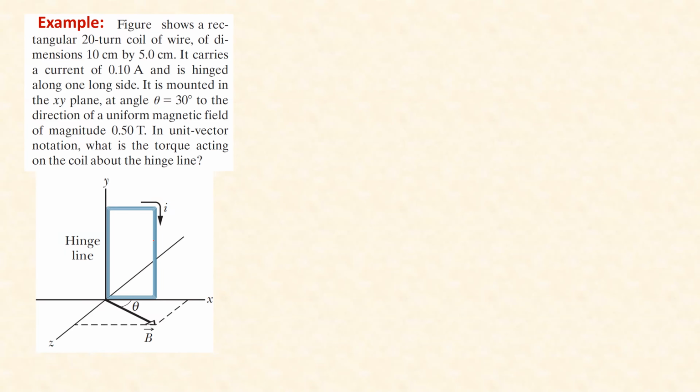All right, so we want to find the torque in unit vector notation. So torque is mu cross B. So we have B here. We can write it in unit vector notation. What is mu? NIA, that's correct. Mu has a magnitude NIA.